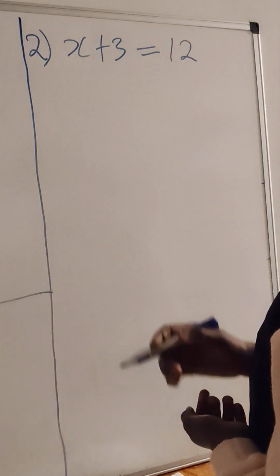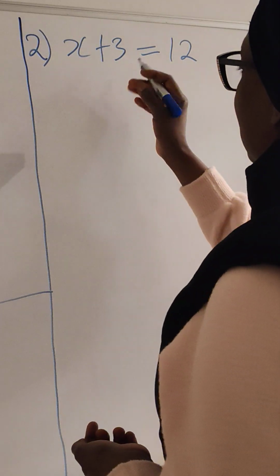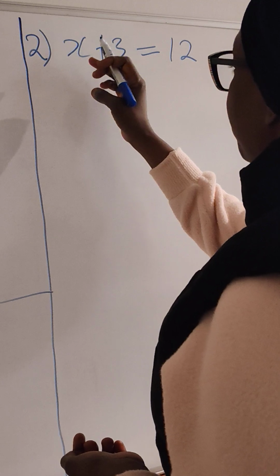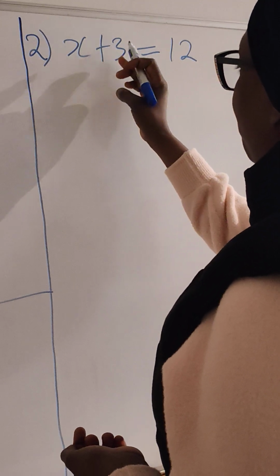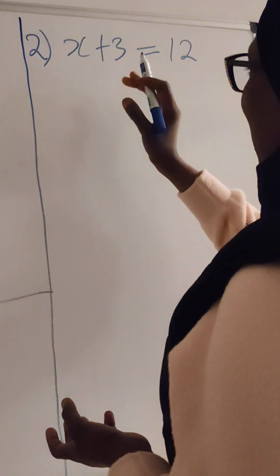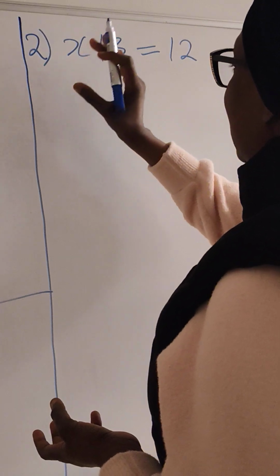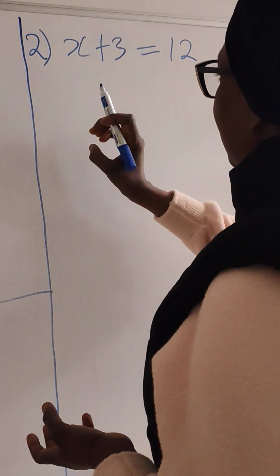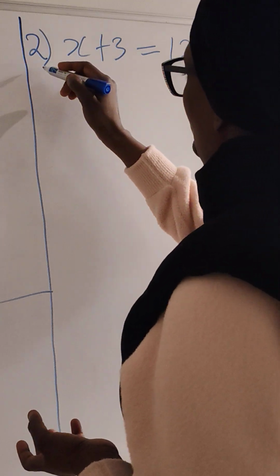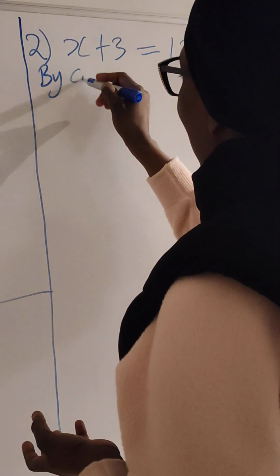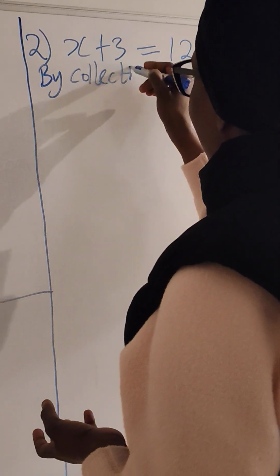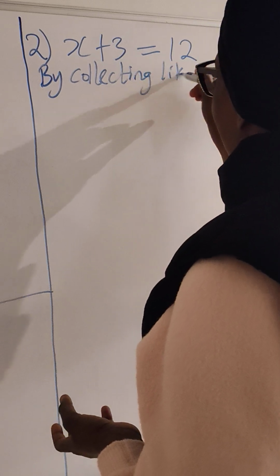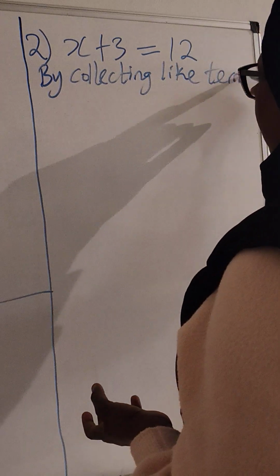Since the relationship between x and 3 is additive, and we don't want any number close to x, we just introduce the collecting like terms method.